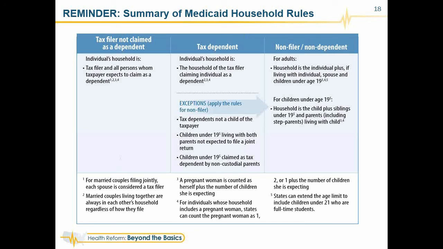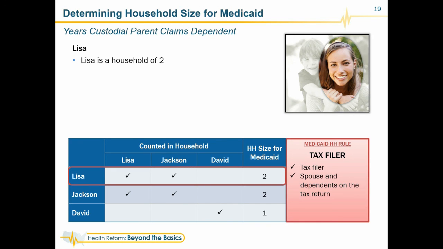It's really understanding the idea that there's not just one household that's going to be correct. We're looking at the household calculation for each individual in the family. We're dividing people up primarily between tax filers and tax dependents, and then we're catching everyone else with exceptions and the non-filer, non-dependent rules. We're going to apply this because that's really the best way to understand it.